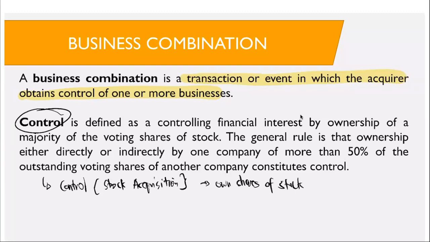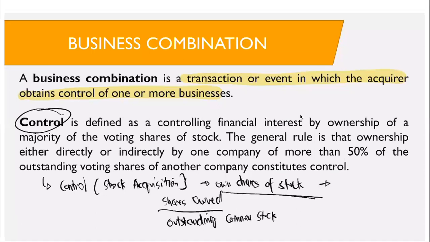Take note, guys, that if it is a stock acquisition, generally for the ownership interest, we compute by getting our shares owned divided by the outstanding common stock of the company. So ownership of shares of stock can only be equated to ownership based on ordinary shares. So control is only present for ordinary shares.